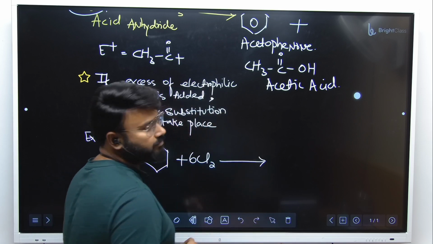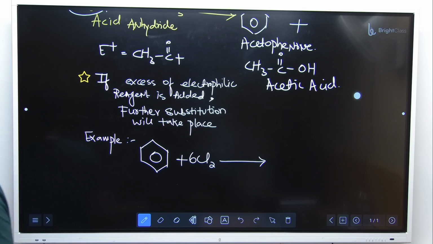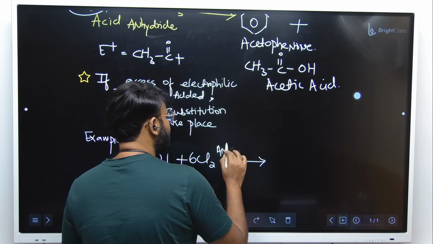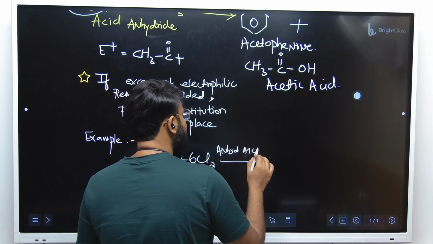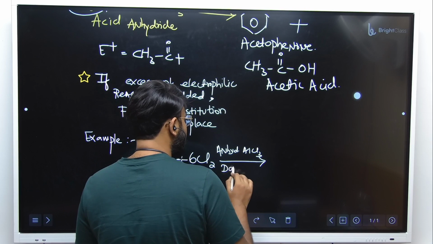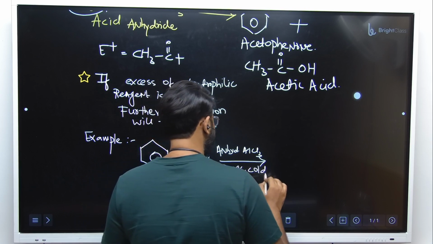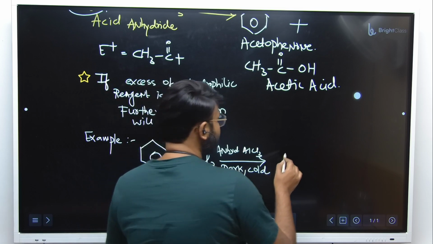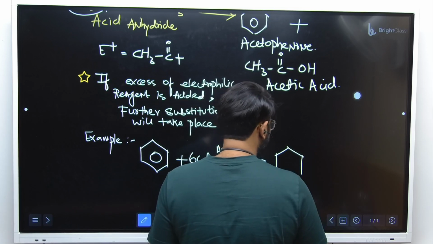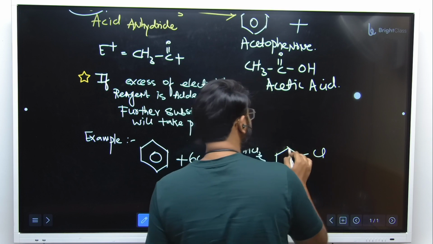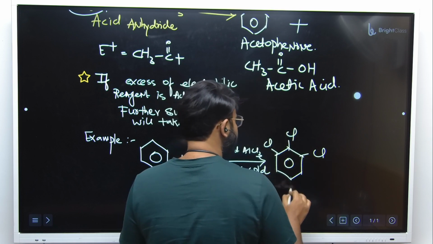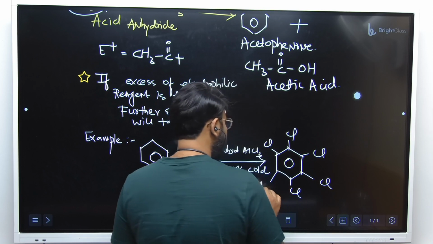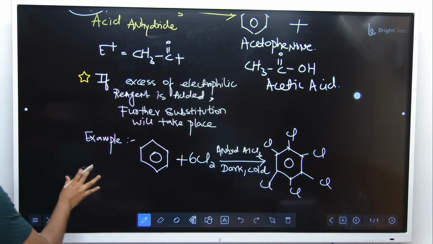In the presence of anhydrous AlCl3, the Lewis acid, but the condition should be dark and cold. There should not be sunlight. I hope it is clear. So now let's see what will happen. At every place you will see chlorine is added.